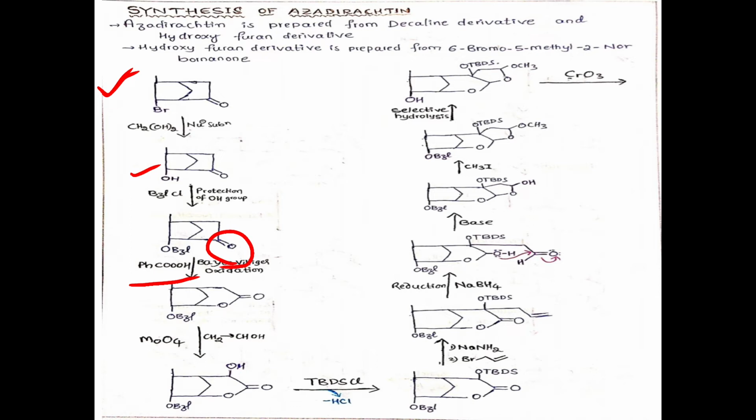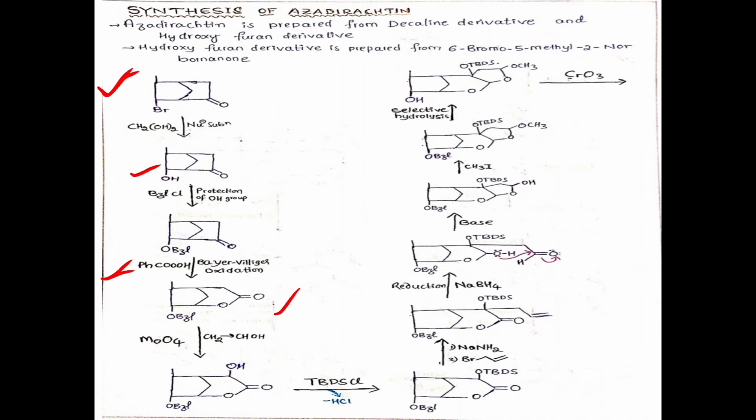The oxygen atom is inserted alpha to the carbonyl group. This is a well-known reaction known as Baeyer-Villiger oxidation. So on treatment with perbenzoic acid, we get a lactone ring.